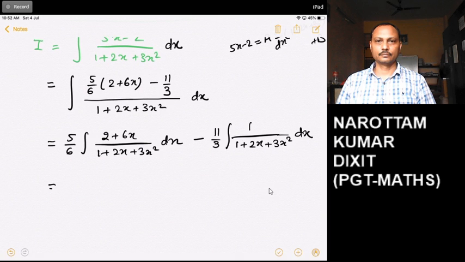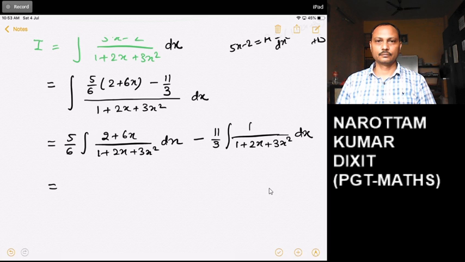So what is the reason for the substitution of these a and b? The reason behind it: if the derivative of the denominator is given in the numerator, then the denominator can be taken as t, and the numerator becomes dt. So easily we can integrate 1 upon t dt, that is log of t.